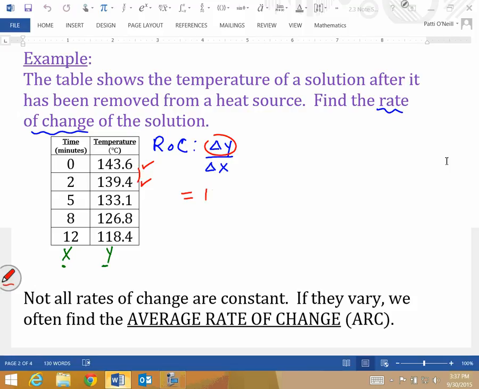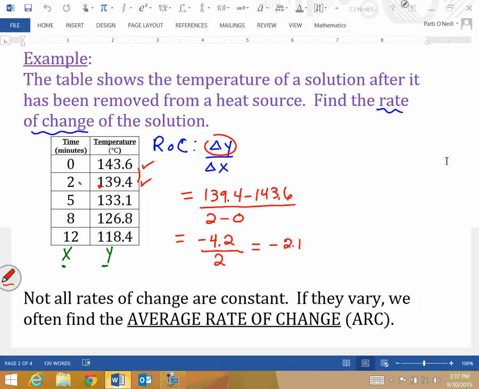So 139.4 minus 143.6 over the change in x. We have to stay in the same order. If I did 139.4 first, I have to do 4 first in the denominator, or 2 first in the denominator. 2 minus 0. That leaves us with negative 4.2. You can do that on your calculator if you want, over 2, which in turn gives us negative 2.1.